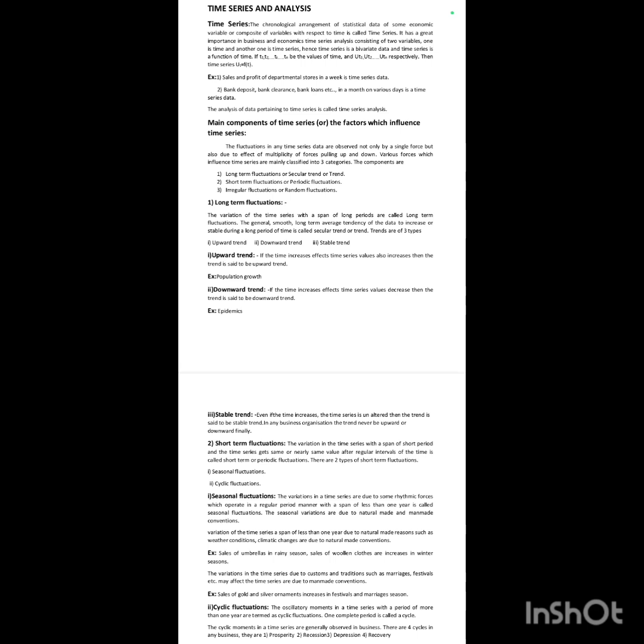In 94, 95, 96, 97, all those years contain a number of sales. So here the time is our independent variable, and the number of sales is the dependent variable.